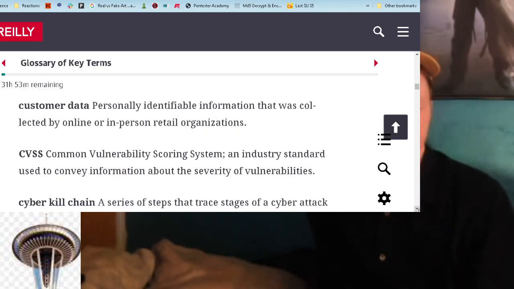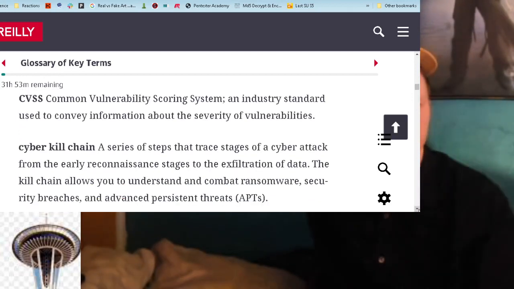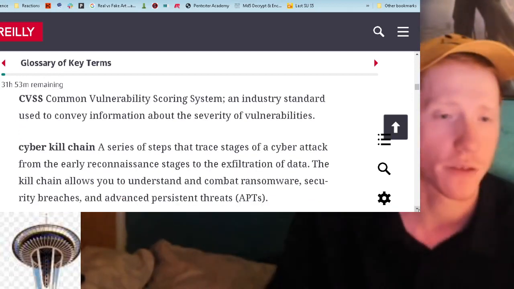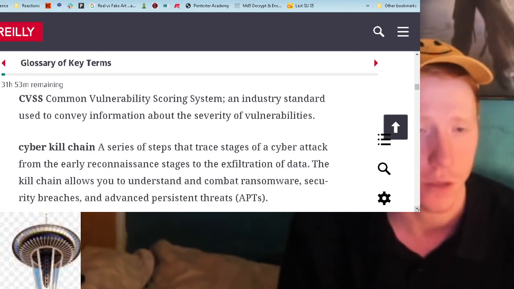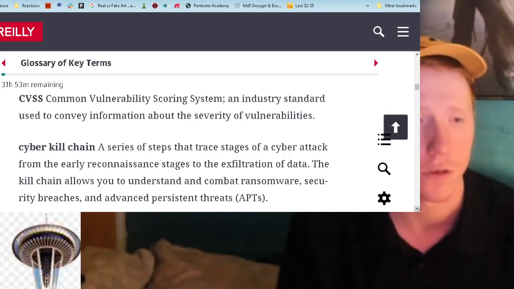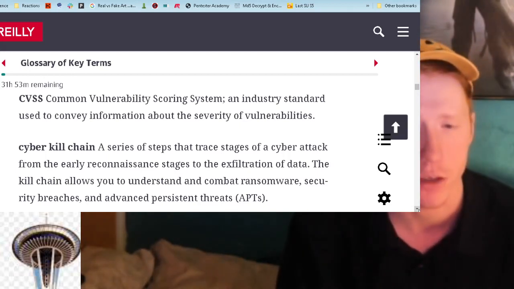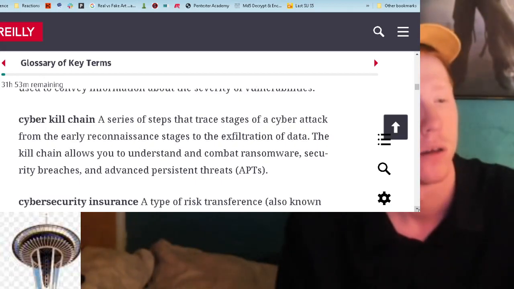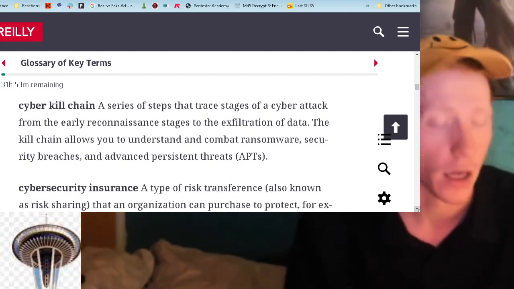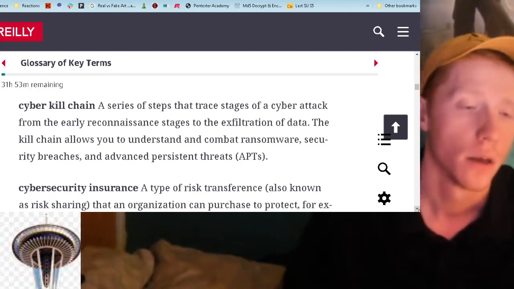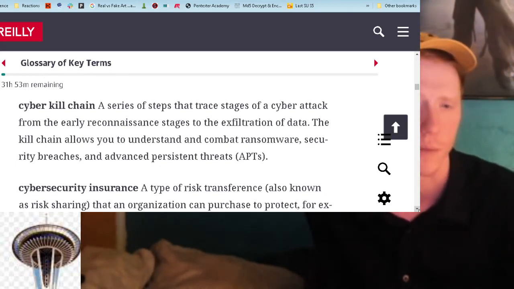That's pretty much all of them. Customer data. Okay, we know what customer data is. It's data from the customer. CVSS, Common Vulnerability Scoring System, an industry standard used to convey information about the severity of vulnerabilities. How bad is it? Cyber kill chain, a series of steps that trace stages of a cyber attack.